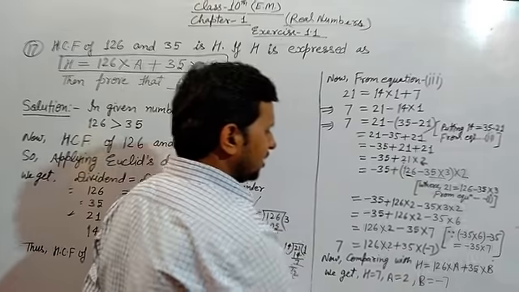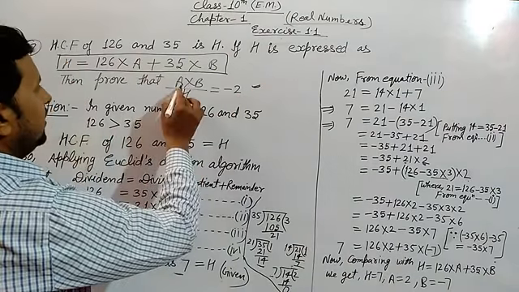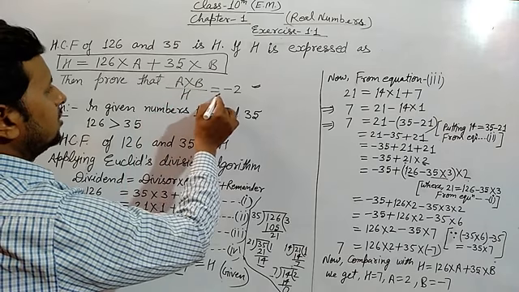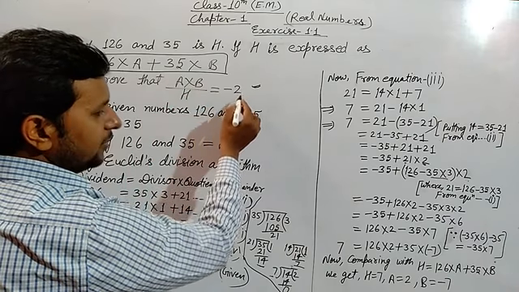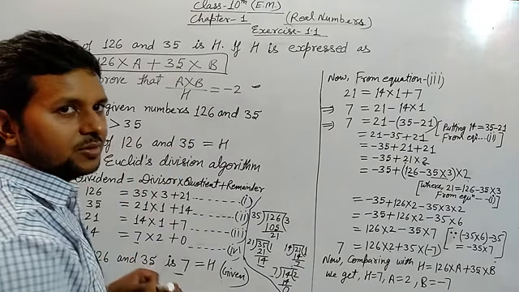Now we have to put these values in the question. What do we have to prove? a into b upon h is equal to minus 2. So we put these values in this equation.